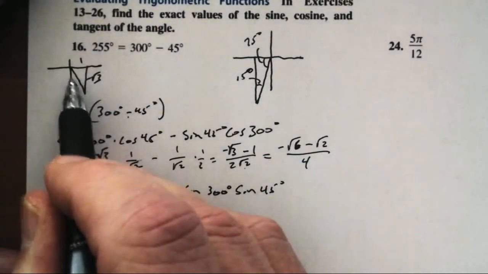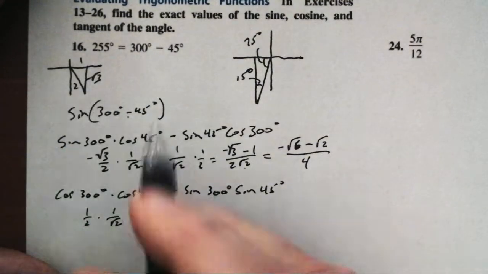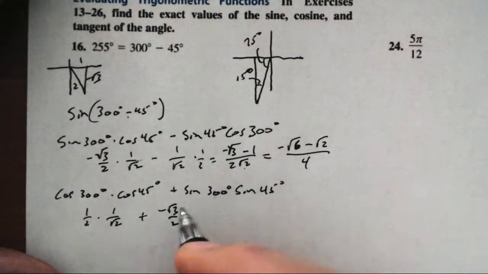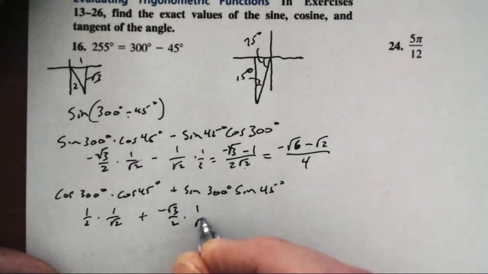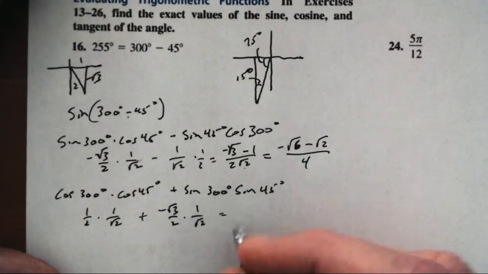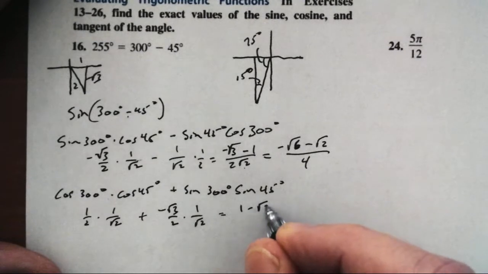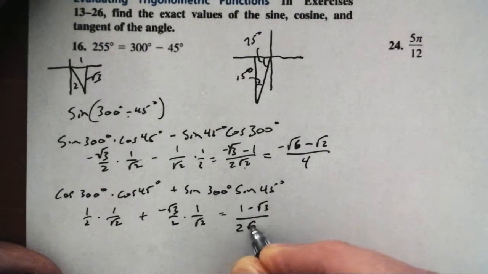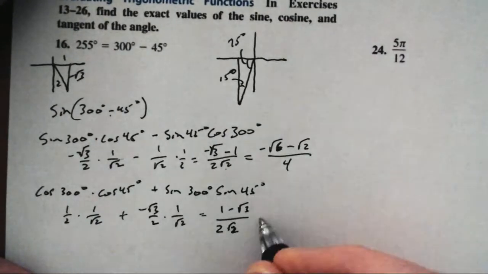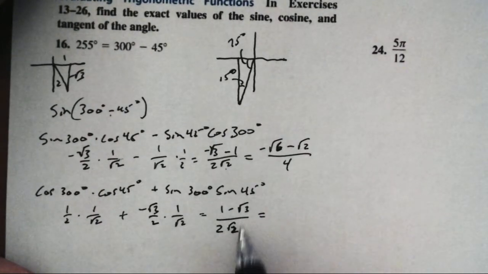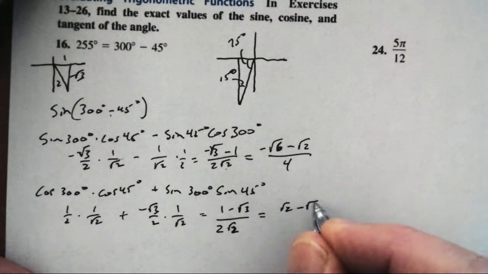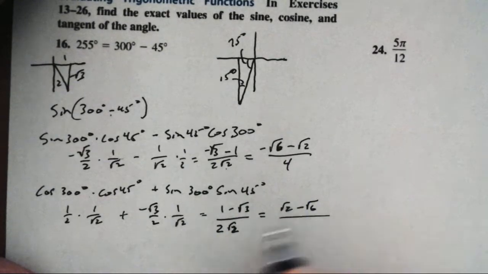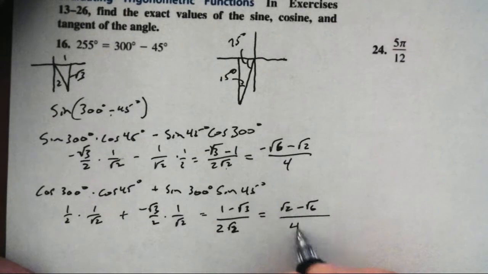Sine of 300, x on r, negative square root of 3 on 2, times sine of 45, 1 on square root of 2, gives me 1 minus square root of 3 all on 2 square root of 2, or multiply by square root of 2 on square root of 2, square root of 2 minus square root of 6. There's that repeating little look we have, all on 2 square root of 2 times square root of 2, 4.